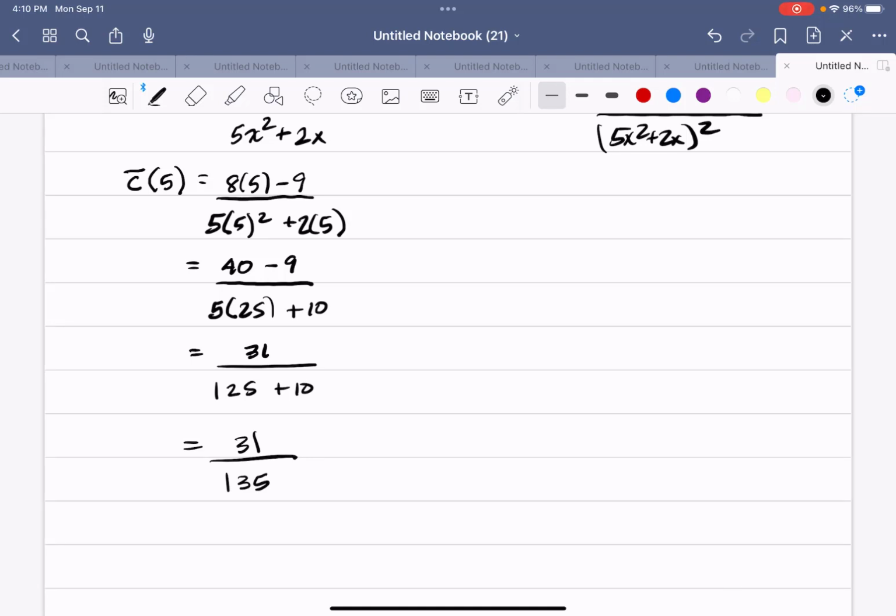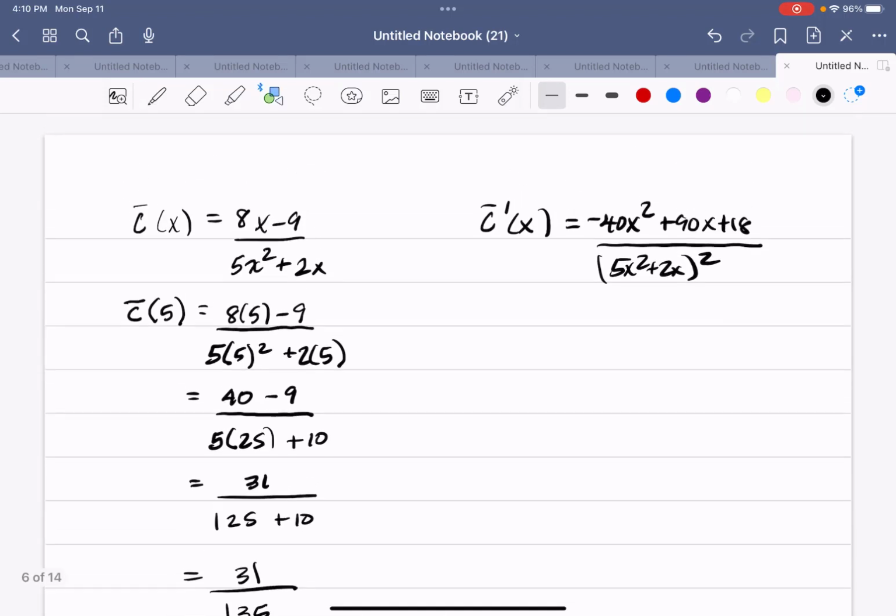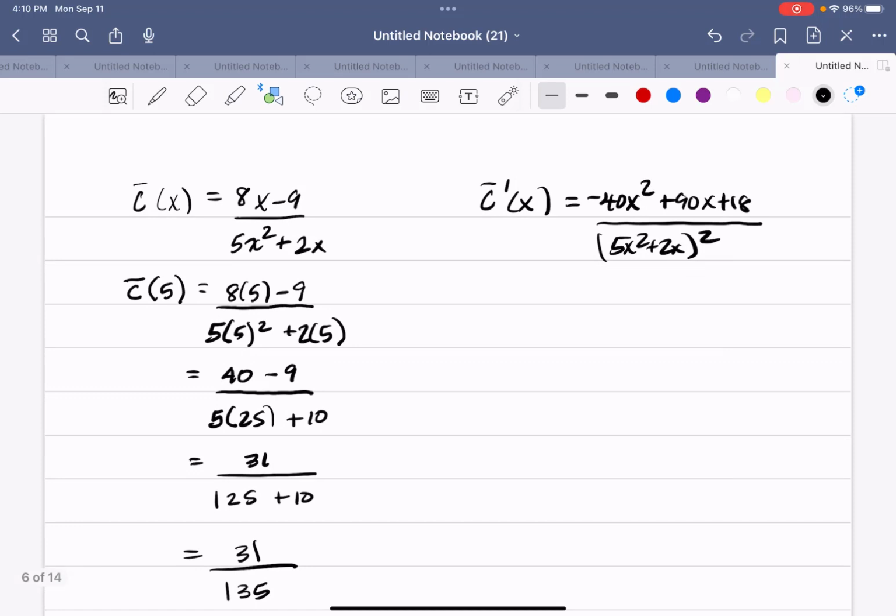And we need that in dollars and cents. And remember, I'm going to have to multiply by 100. So 31 divided by 135 is 0.22962963. Okay. Now, multiplying that by 100 is going to move my decimal 2 places. So this actual answer is $22.96.